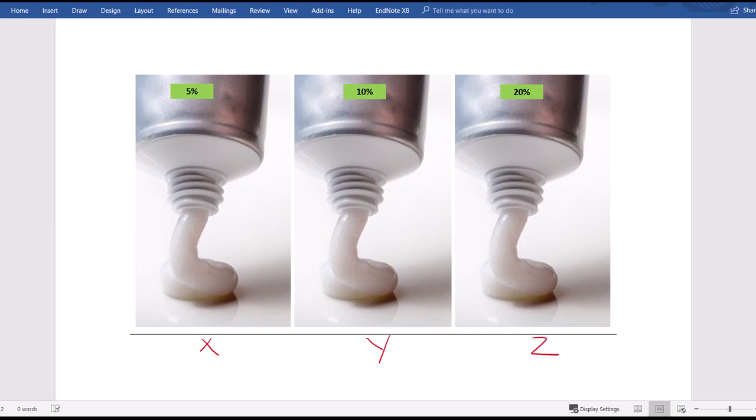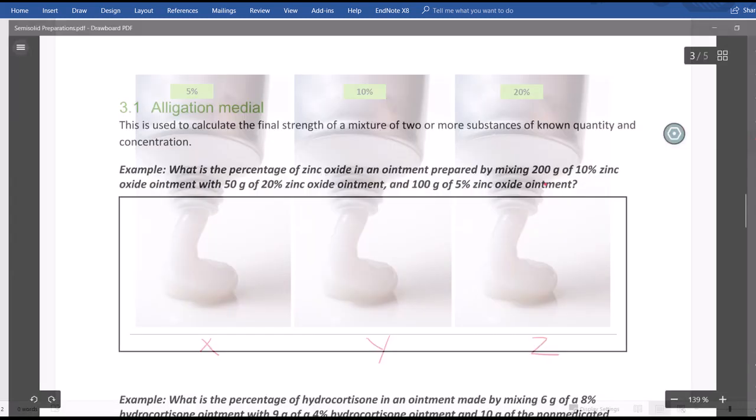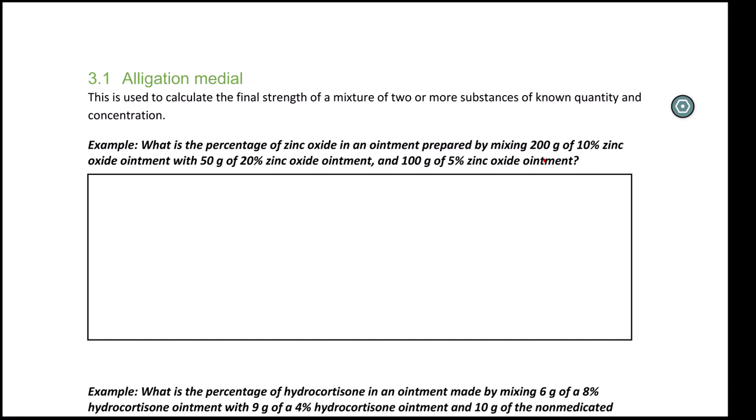So let's look at an example with numbers here. It says, what is the percent zinc oxide in ointment prepared by mixing 200 grams of the 10, 50 grams of the 20, and 100 grams of the 5? So 350 in total is what we're looking at. Let's set it up where we break these down.